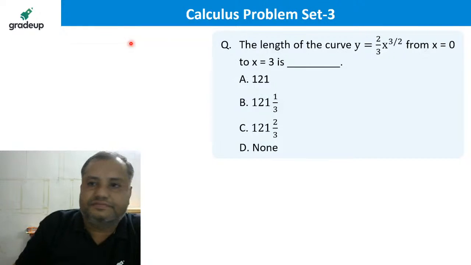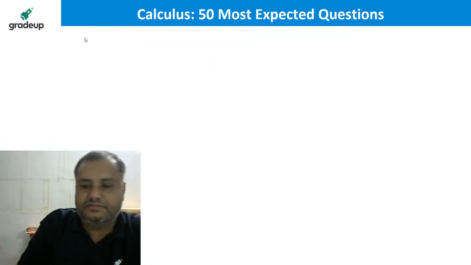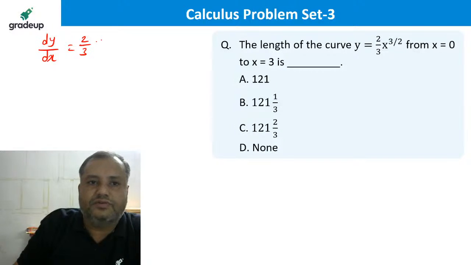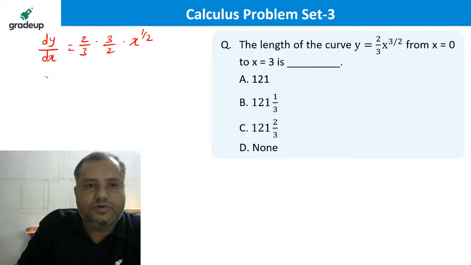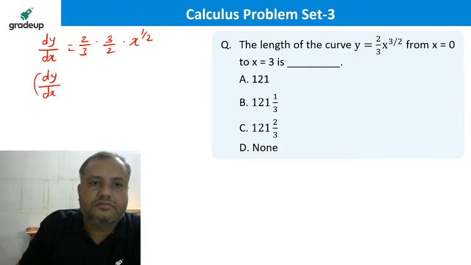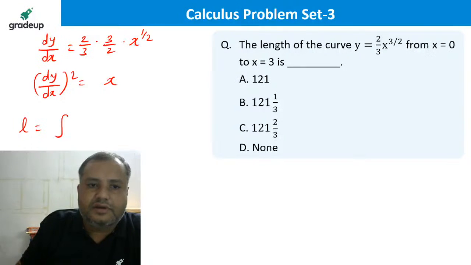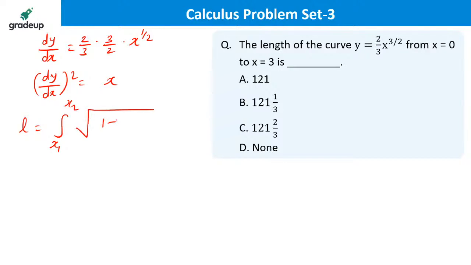So length of curve. Find out dy by dx. Differentiate this. So 2 by 3 constant. Differentiation of x to the power 3 by 2 will be 3 by 2 x to the power 1 by 2. So dy by dx whole square will be x. So the formula for the length of the arc will be integration from x1 to x2 of under root 1 plus dy by dx whole square dx, not dx by dy, dy by dx this time.